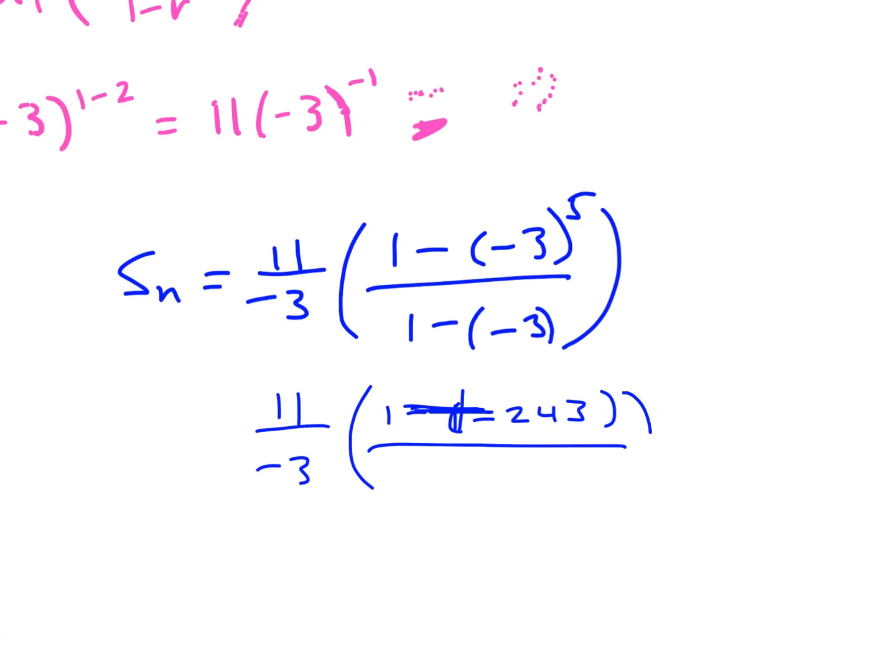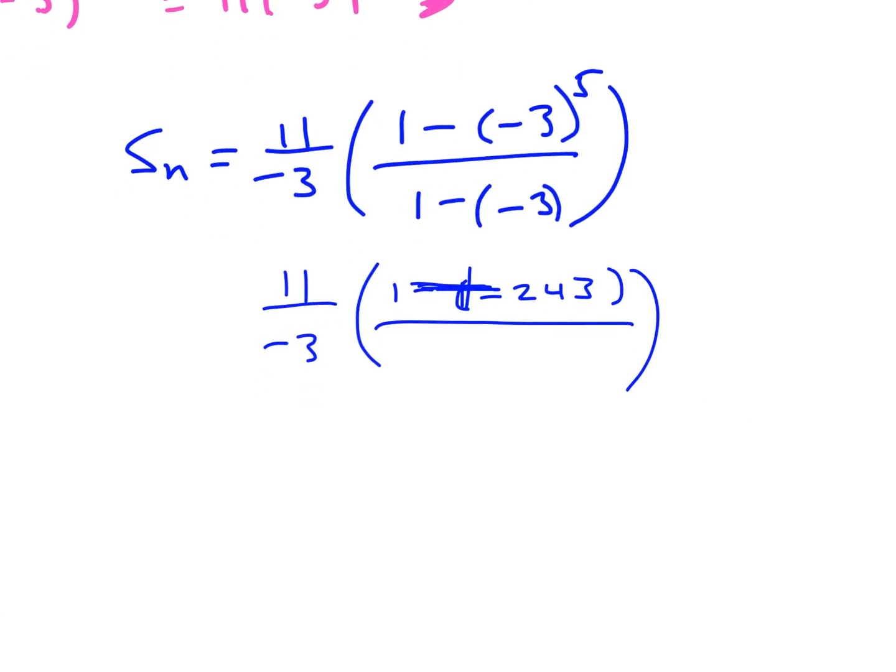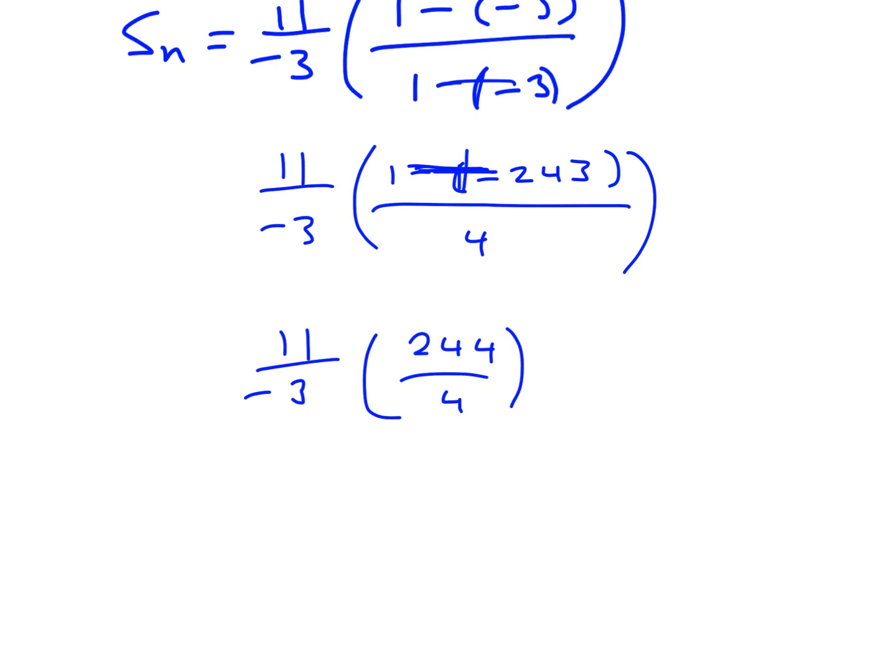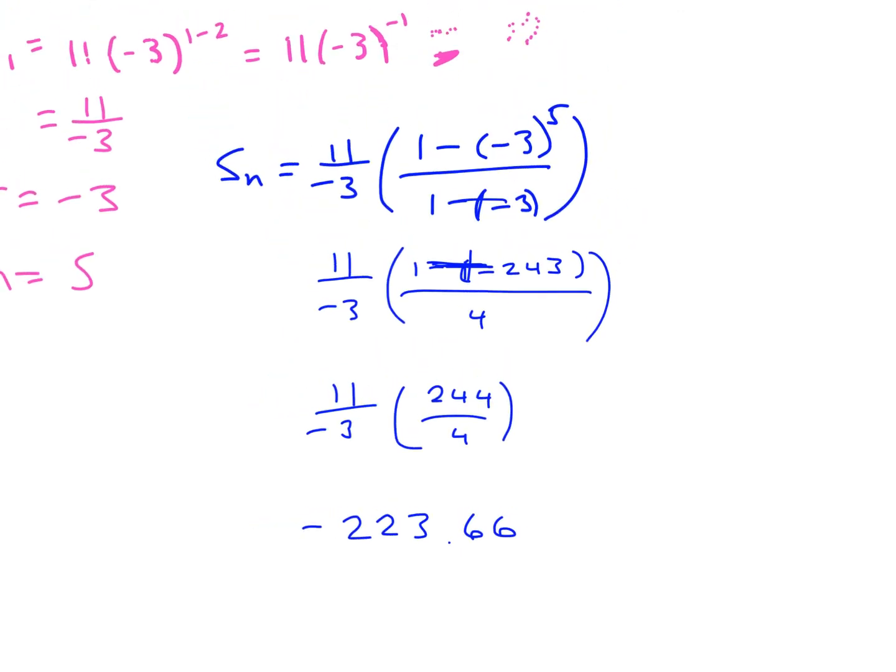So 11 over negative 3 times 244. And then 1 minus negative 3 turns into 4. So 244 divided by 4 times 11 divided by negative 3 gives you negative 223.66. So that's the sum of our 5 numbers.